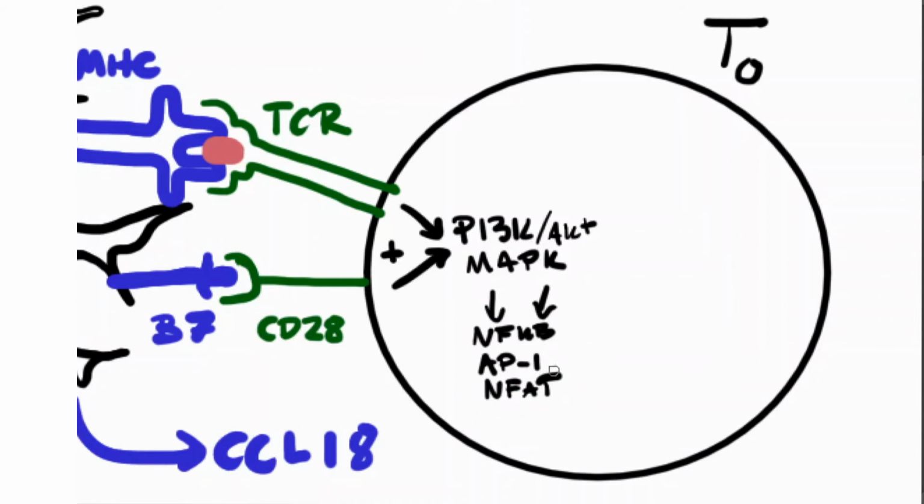These transcription factors are the most important ones in T cell activation. And all of them together are needed to generate a steady expression of a cytokine called IL-2. And IL-2 is really perhaps the most important factor here.